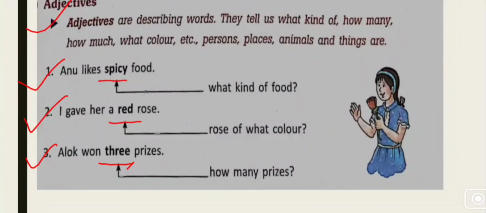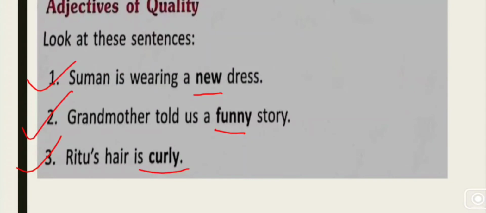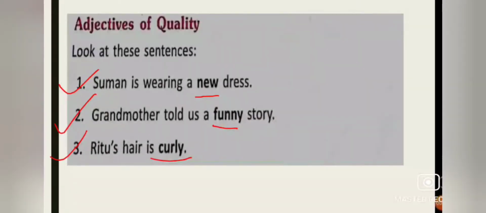So now we'll go for the types of adjective. The first type is adjective of quality. Look at this sentence. Number 1. Suman is wearing a new dress. In this sentence, new is the adjective of quality.